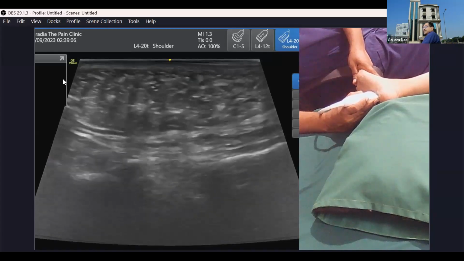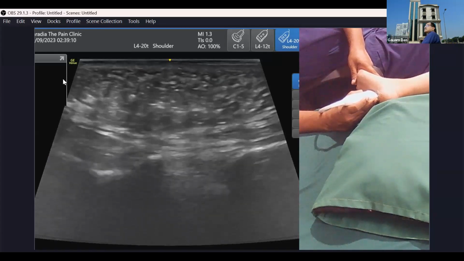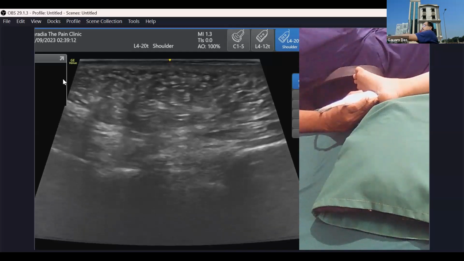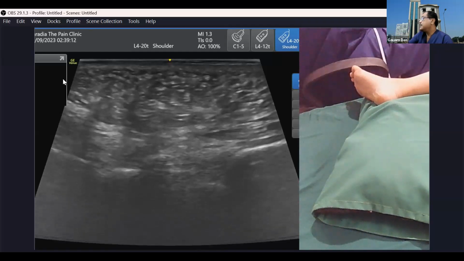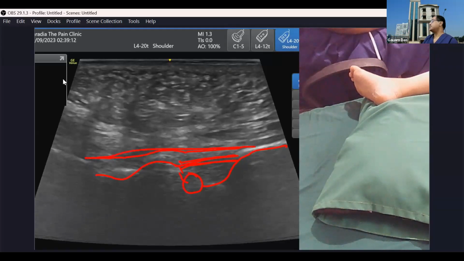So this was your cuboid bone. This was your calcaneocuboid joint. Calcaneum is like this. This is your short plantar ligament, or plantar calcaneocuboid ligament. And this is your long plantar ligament from the calcaneum to the base of the metatarsal.